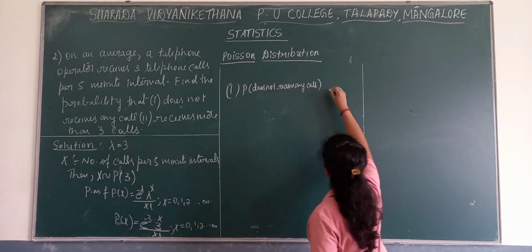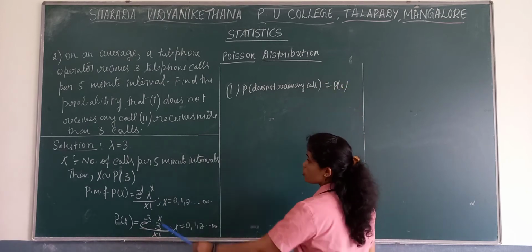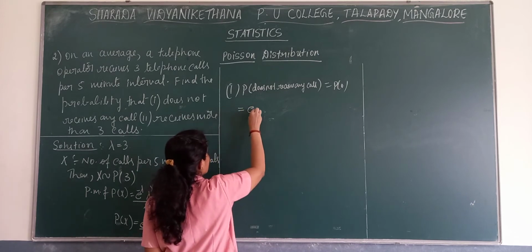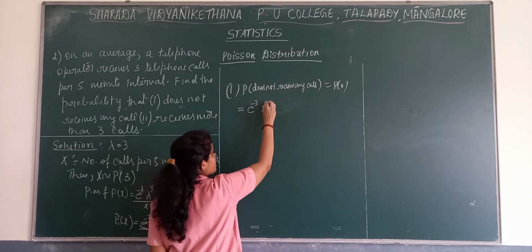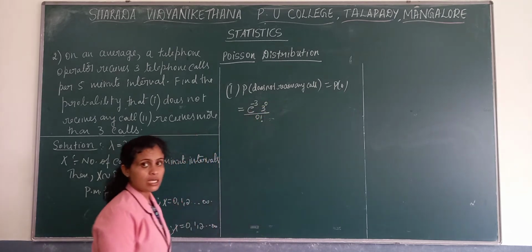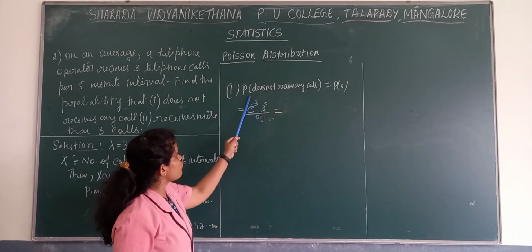So here we need to take P of 0. Now substitute 0 into x. Here e to the power minus lambda, lambda is 3, lambda to the power x is 0, divided by 0 factorial. Now this value we need to get from the table.